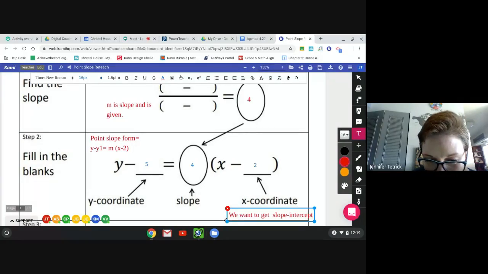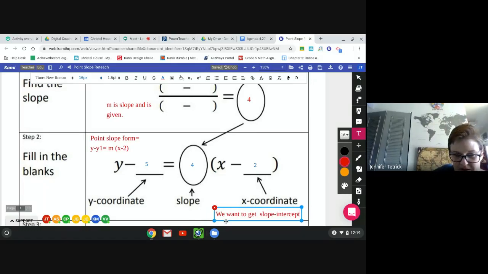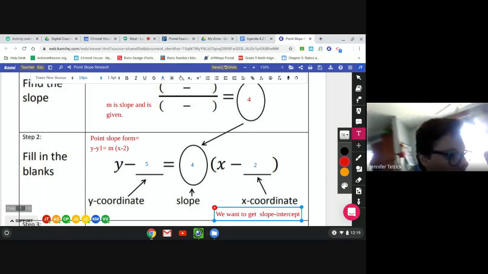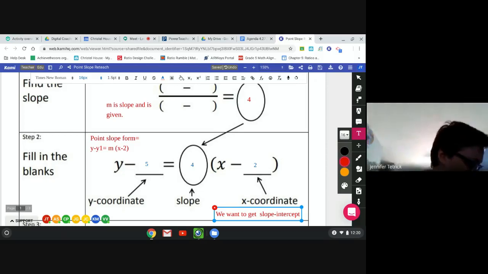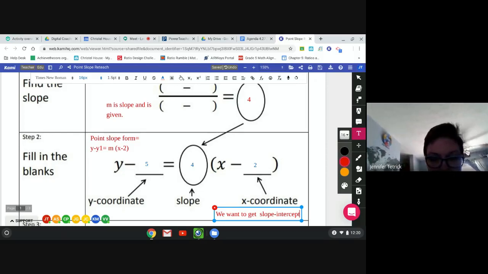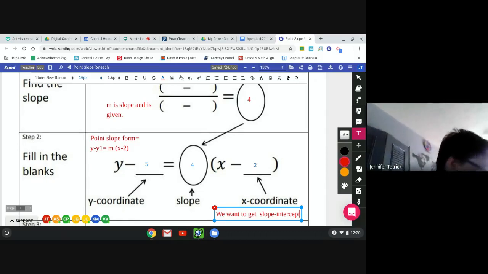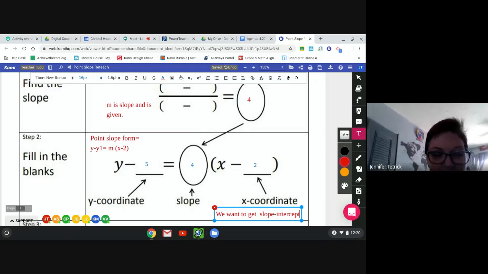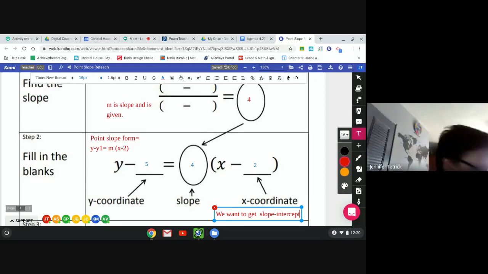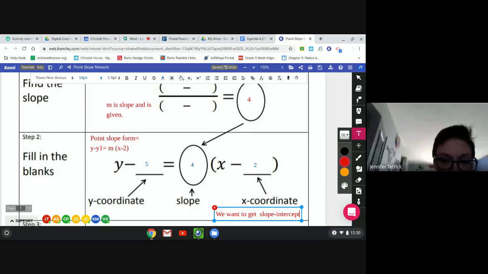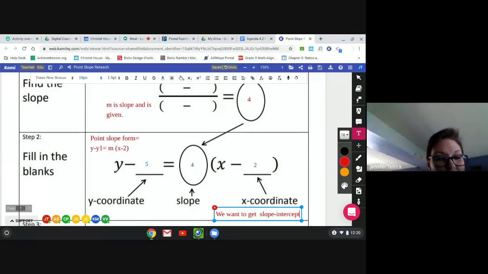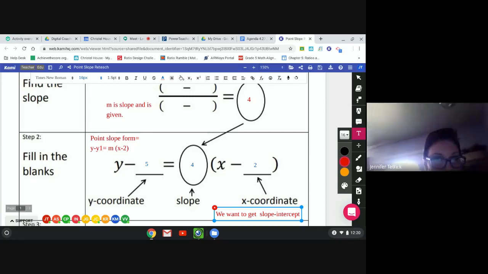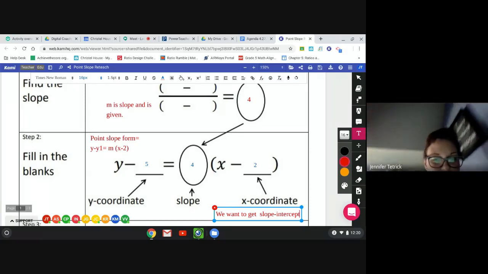So looking at this, is this slope intercept? Yes or no? Guys, you have to respond. You can't just sit there and wait for people to do it for you. No, it's not, right?